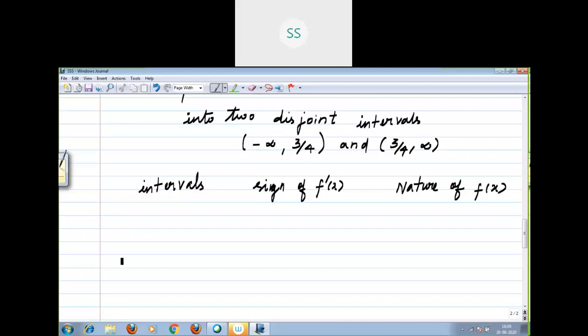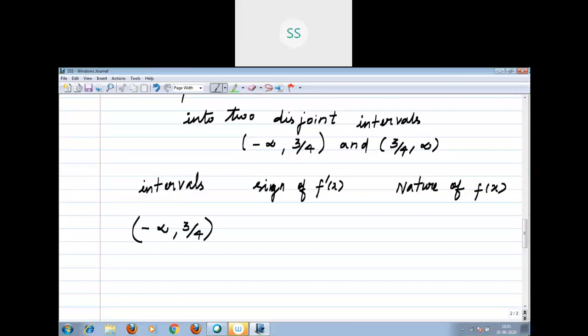Now, interval. I will explain, so listen carefully, children. Minus infinity to 3 by 4. You have to select any value. For example, if you select x as 0, f dash of x is minus 3.